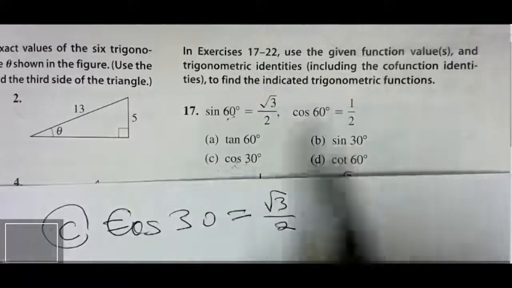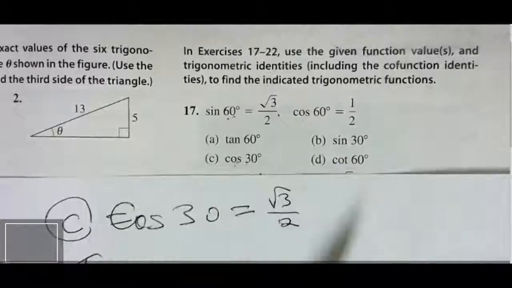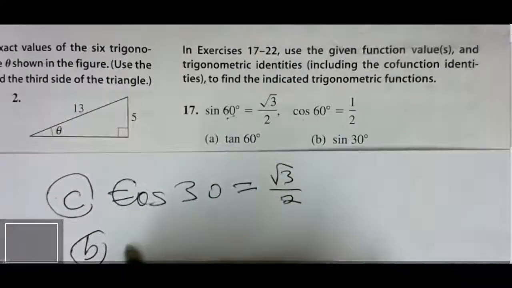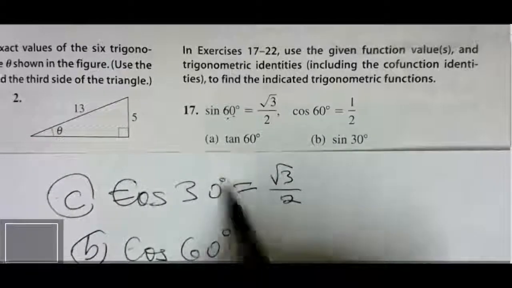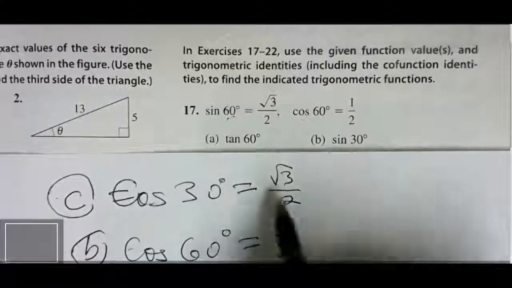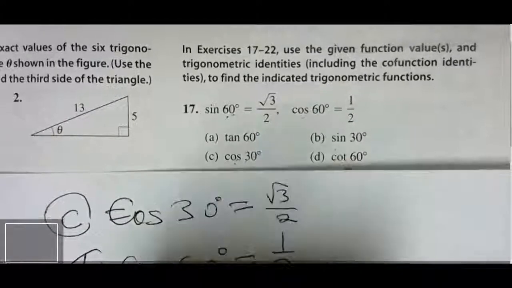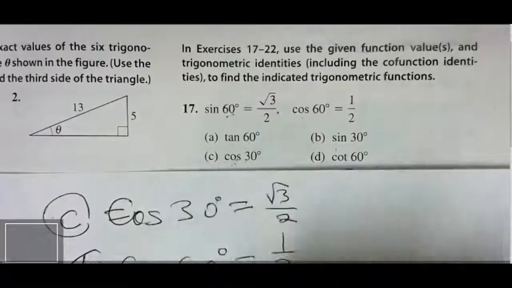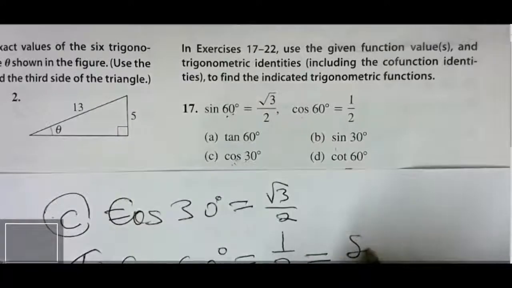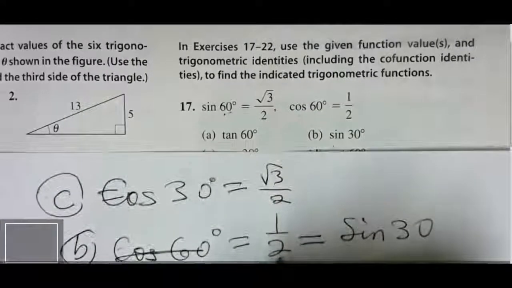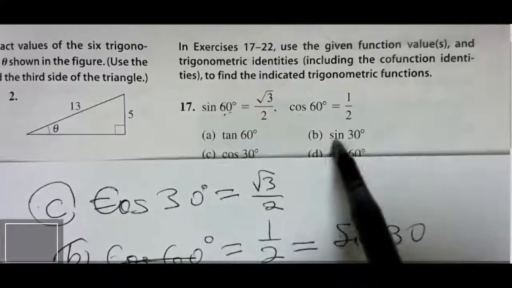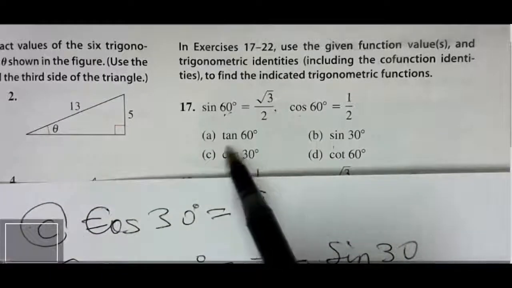We have sine 30 here, that's B. So sine 30 equals cosine 60, which is 1/2 also.